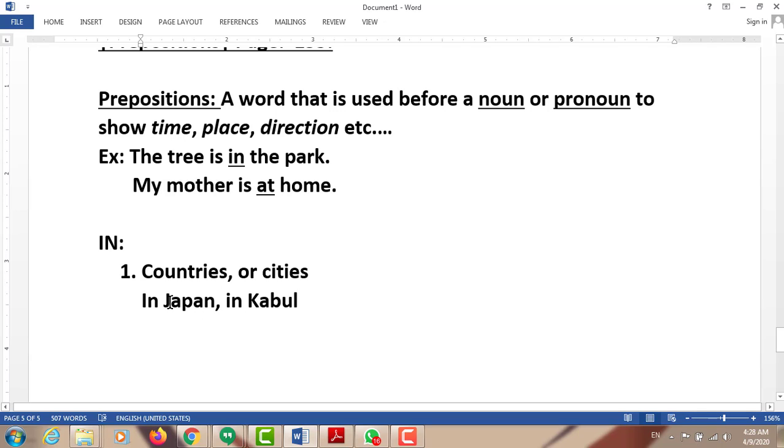So this one is a country and this is a city.